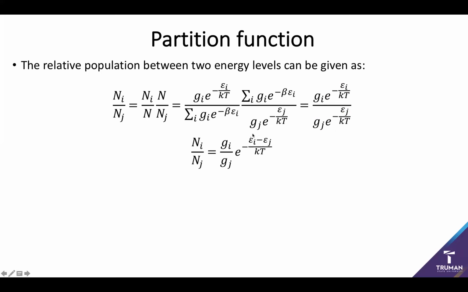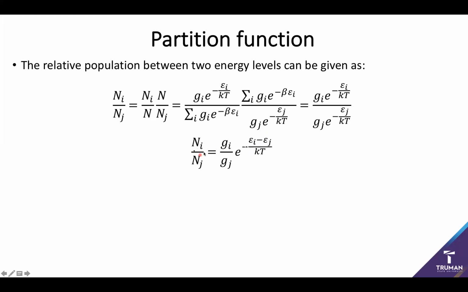So essentially a high separation of energy is going to tend to lead to, if energy level I is much higher than J, this is going to make this state very improbable, as we'd have the negative exponential of a very large value.